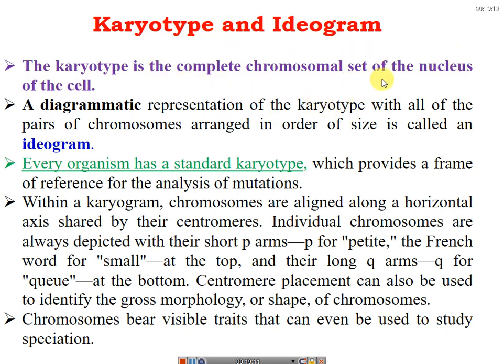When we observe the chromosomes under the microscope and take their pictures, we arrange them in decreasing order of size. That diagram is called a karyotype. And when we diagrammatically present the karyotype with all of the pairs of chromosomes arranged in order of size, it is called an ideogram.